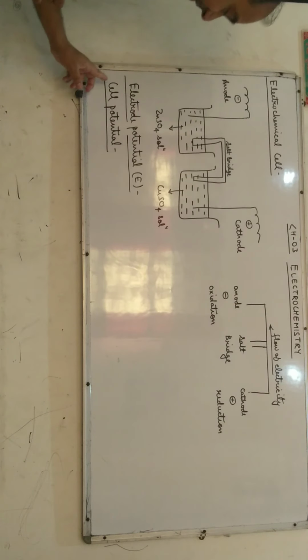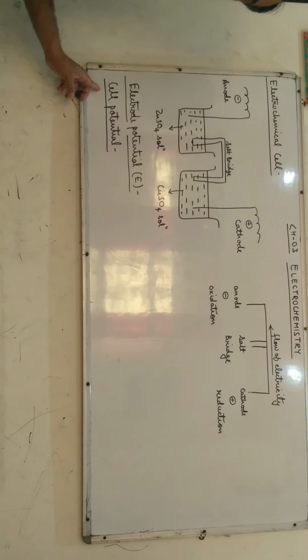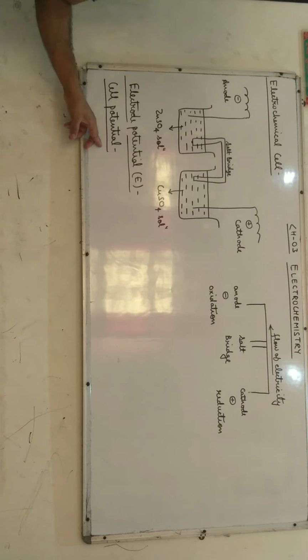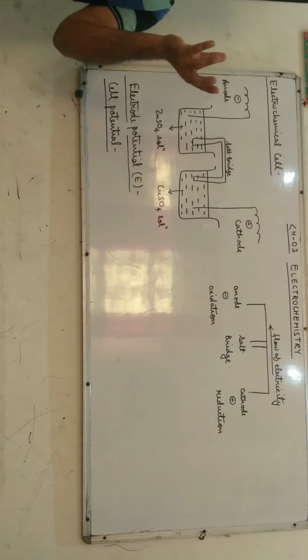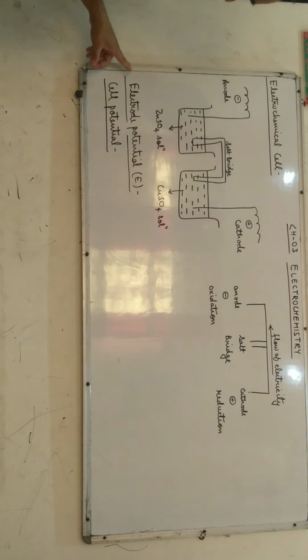When no current is withdrawn from it, it is said to be electromotive force or EMF of cell. EMF of cell is the maximum voltage obtained from the cell. The main difference between electrode potential and cell potential is that electrode potential is the potential difference between the electrode and electrolyte, while the cell potential is the potential difference between two electrodes.